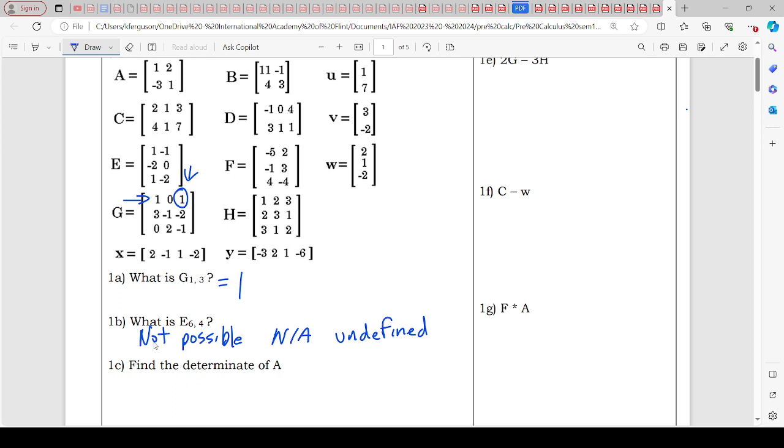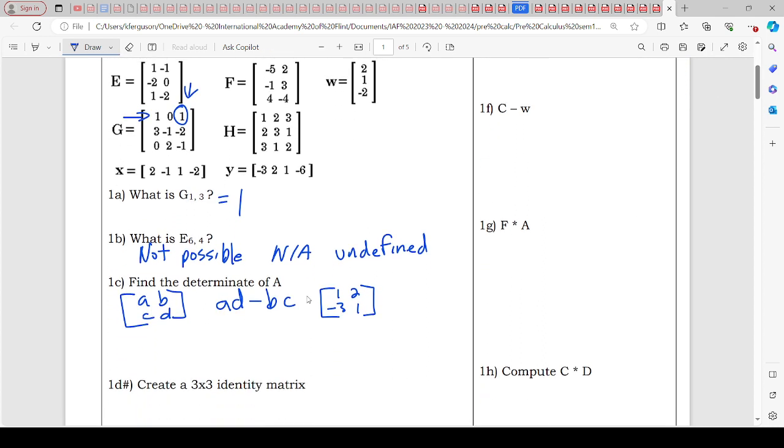Now find a determinant. If I got a matrix that looks like this, then the determinant is A times D minus B times C. So if I want to know what the determinant of A is, this is my matrix right here.